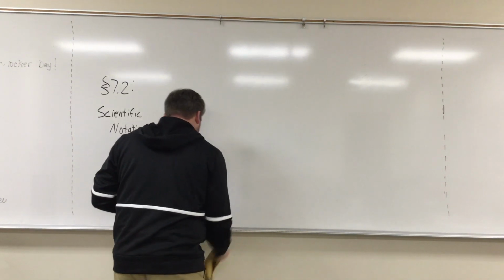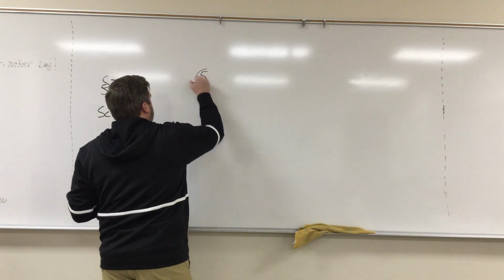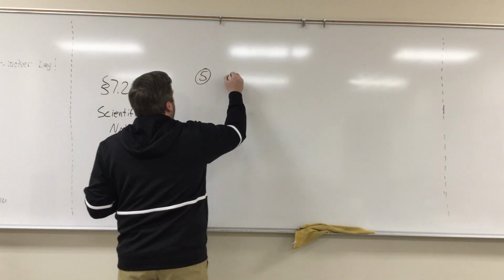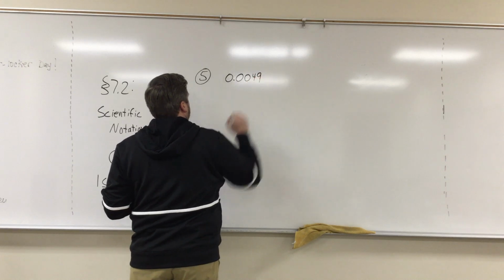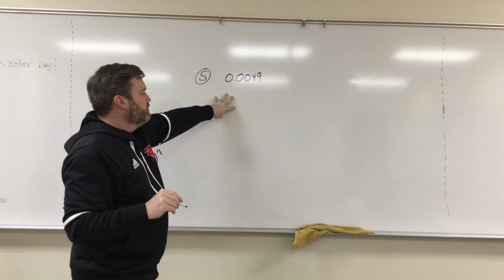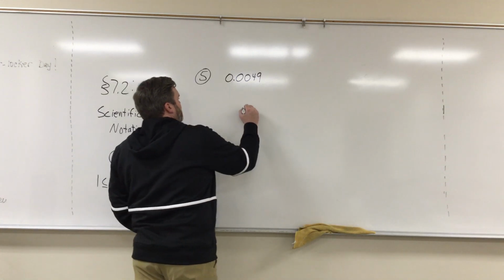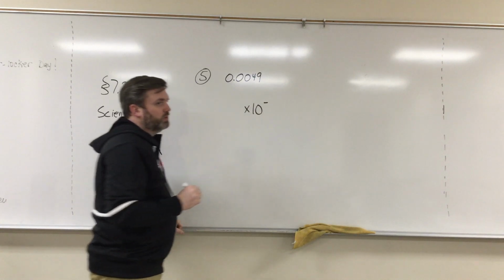So if I have one that is 0.0049, that number is smaller than 1, so I know that my times 10 is going to be to a negative exponent.